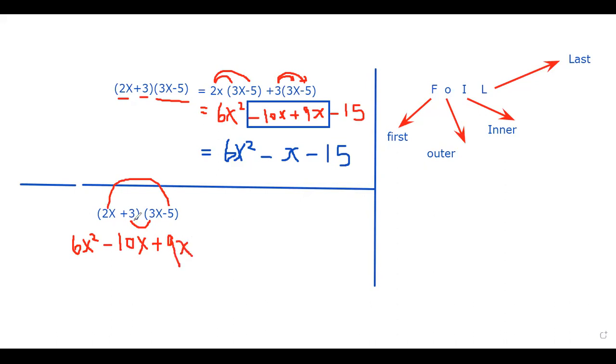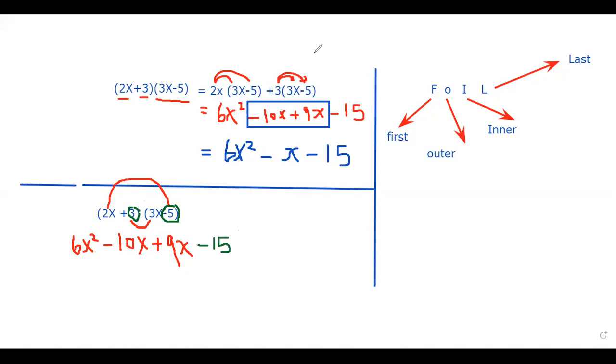And then we multiply last with last. Where is last? This one represents last. 3 times negative 5, last with last, will be negative 15.